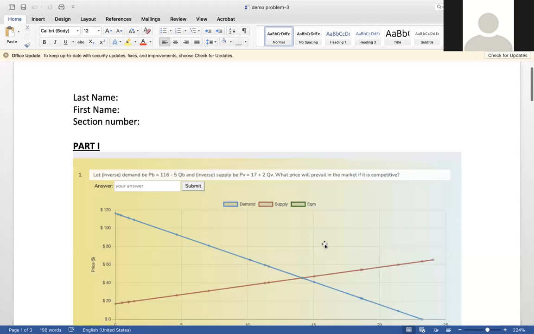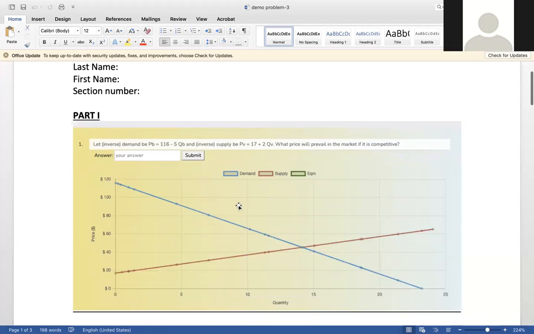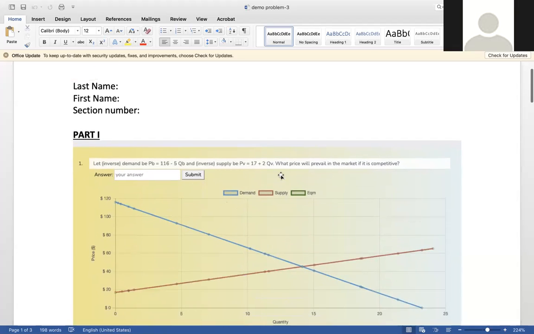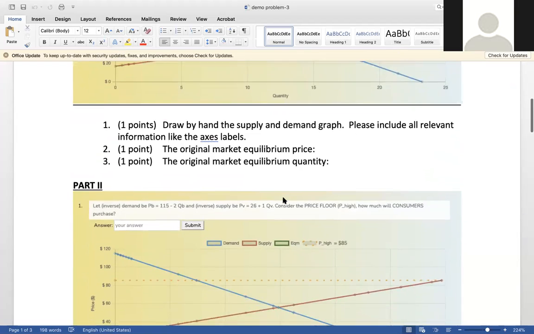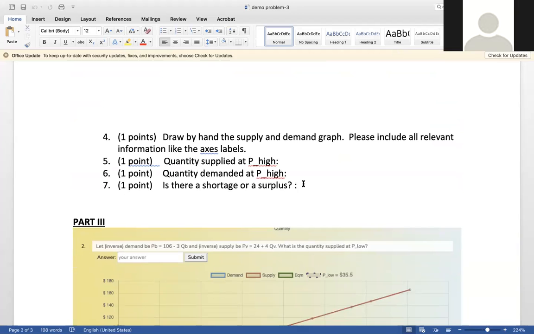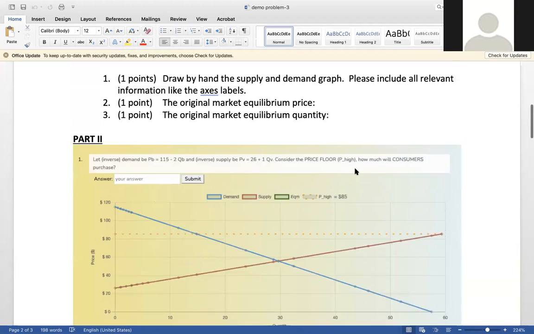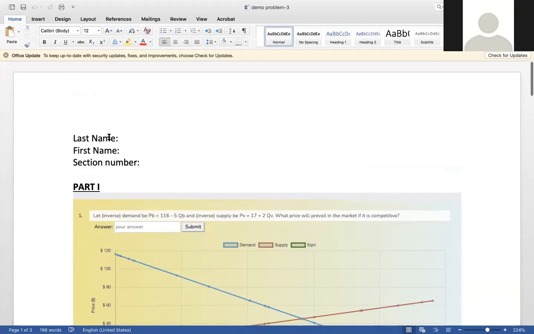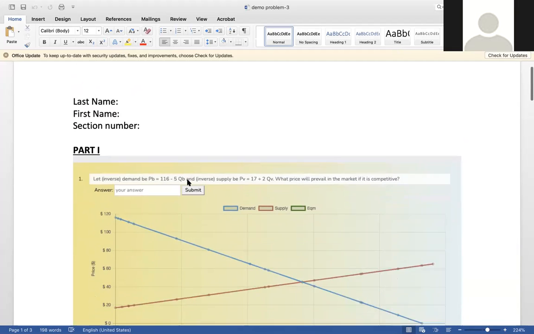Okay, so you guys can all see the document that I just pulled up now from Blackboard, right? Yes, we can. Okay, good. So obviously you just put in your last name, your first name, and your section number. You guys are either section 8 or section 9.